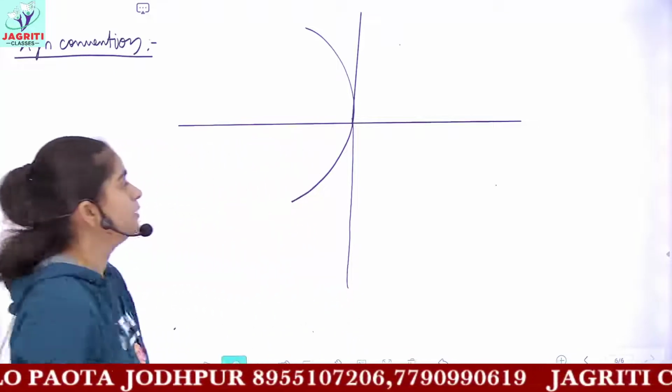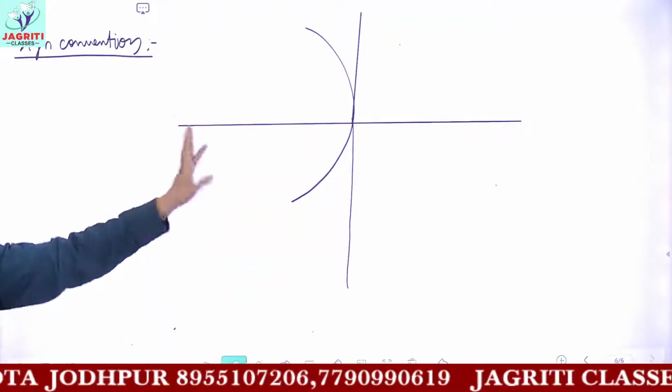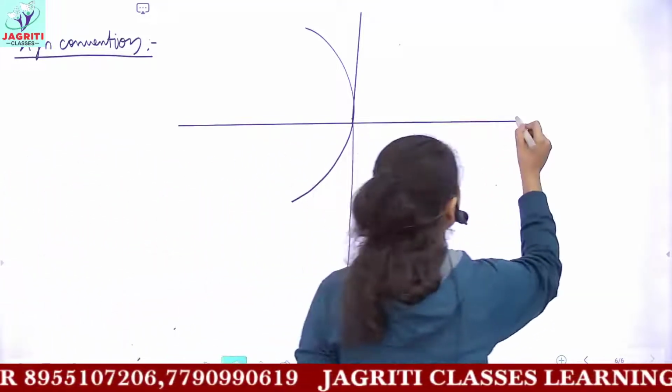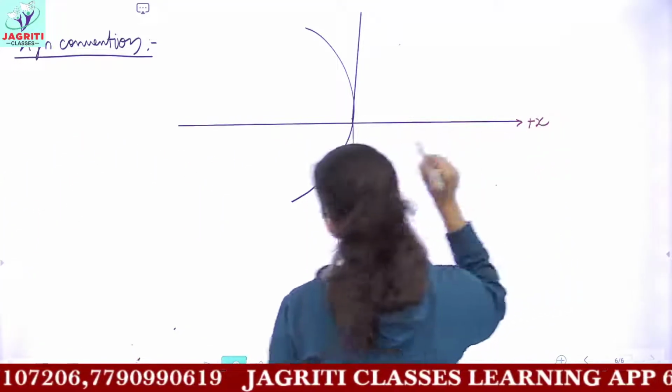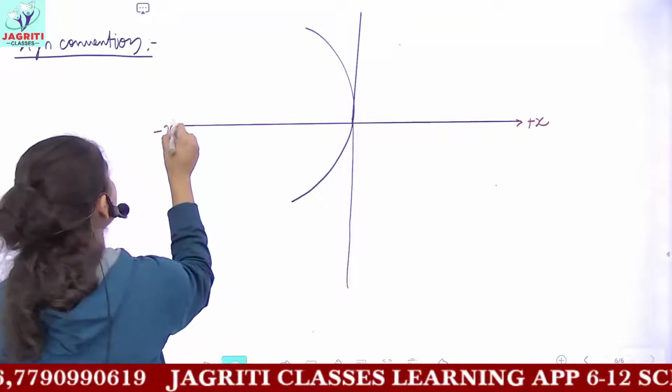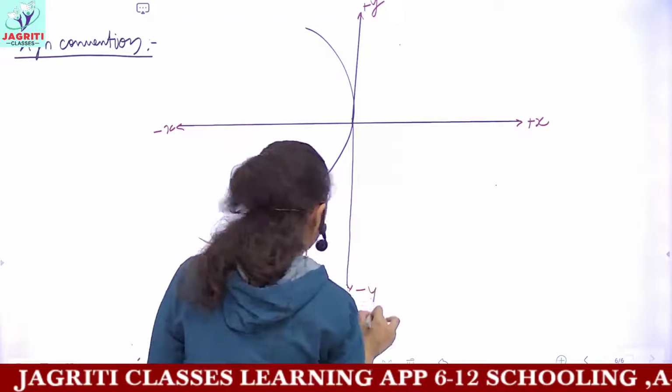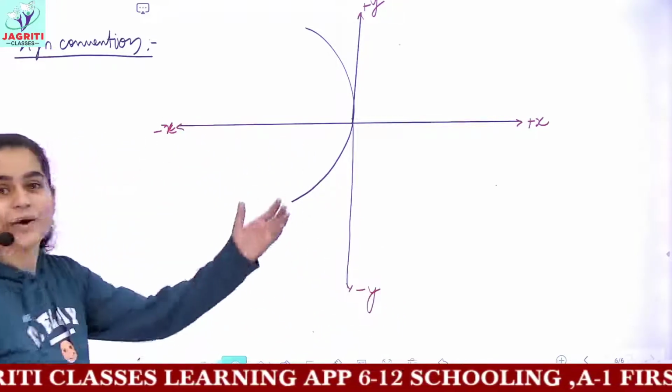Okay. So what I have drawn is a Cartesian system. Cartesian system means this is your positive x-axis, this is the negative x-axis, the vertical axis is plus y, and then you have a minus y-axis downside.